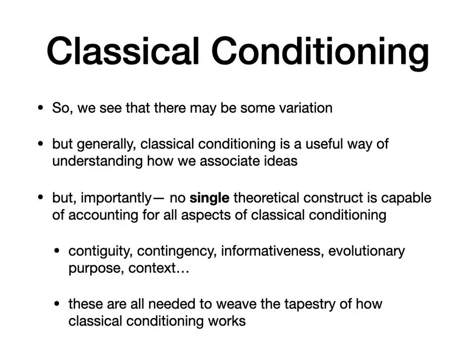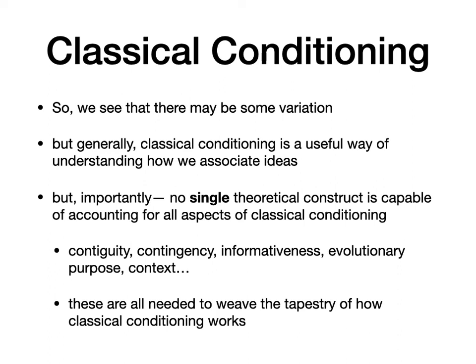So, classical conditioning, we see that there's some variation within classical conditioning, but generally it's a useful way of understanding how we can associate ideas. Importantly, no single theoretical construct is capable of accounting for all aspects of classical conditioning. Contiguity, contingency, informativeness, evolutionary purpose, etc. These are all needed to make sense of classical conditioning.